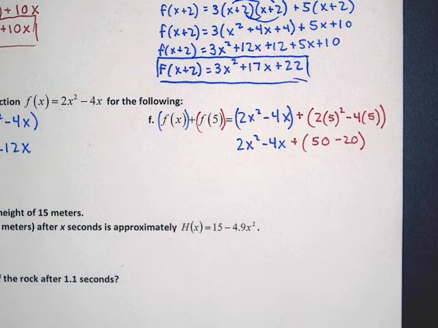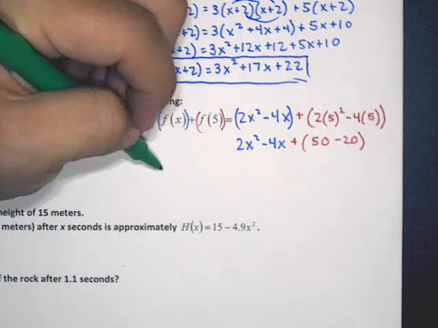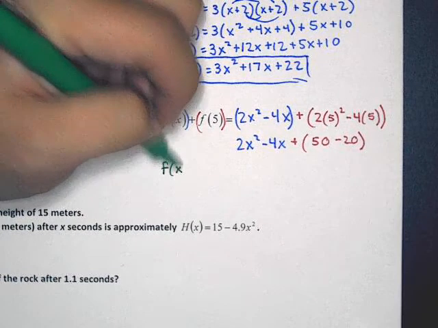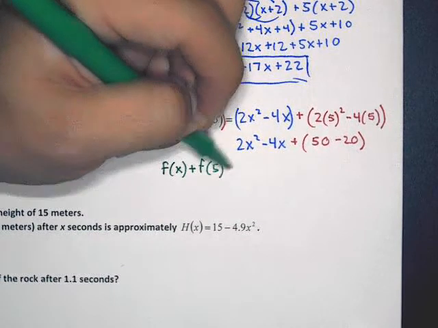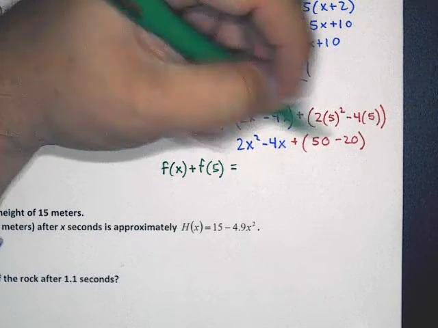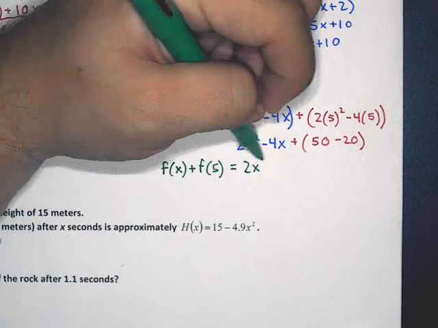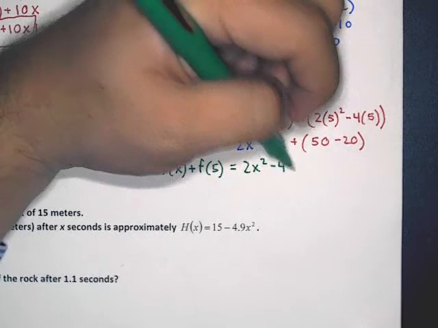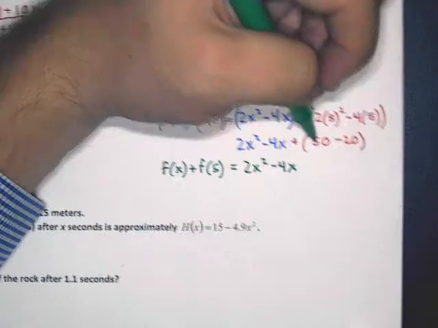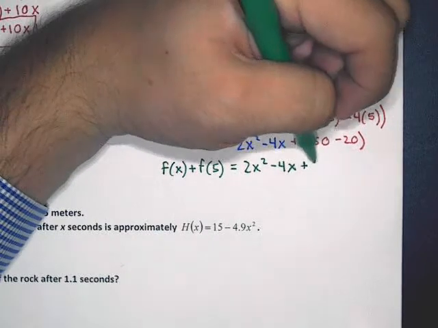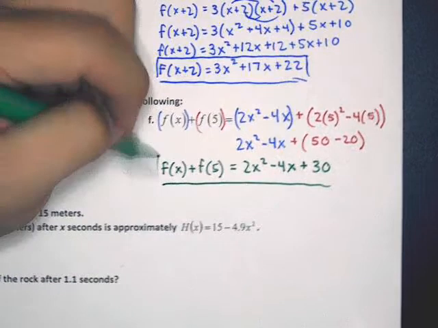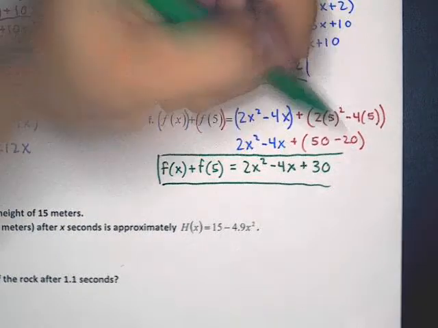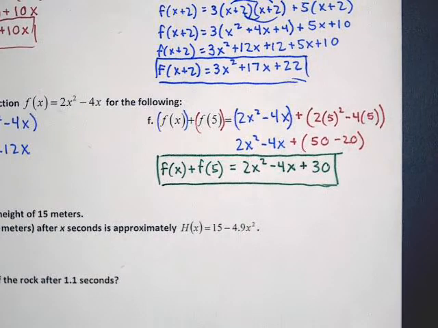So let's change colors again, and this time, remember, we have f of x plus f of 5 equals, well, let's see, what do we have? We have 2x squared, we have minus 4x, or negative 4x, and right here we say we have plus 30. So our final answer is right there. Not that bad, right? Not too bad.